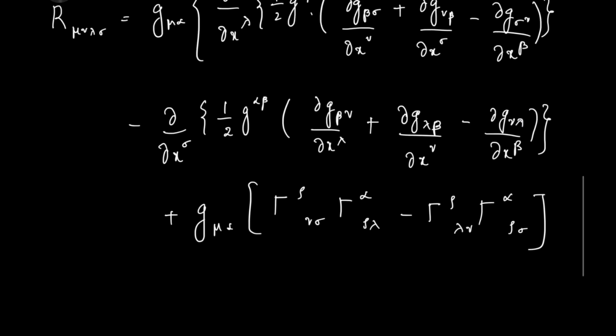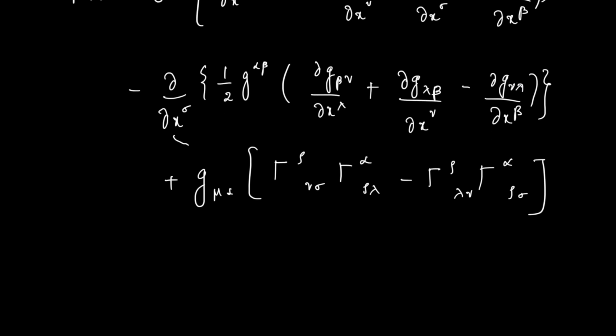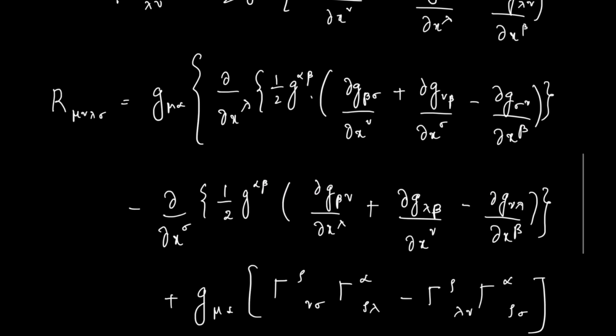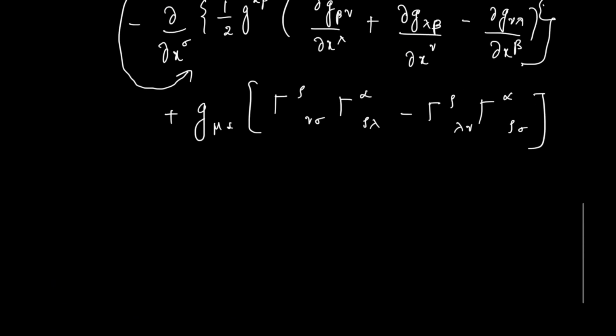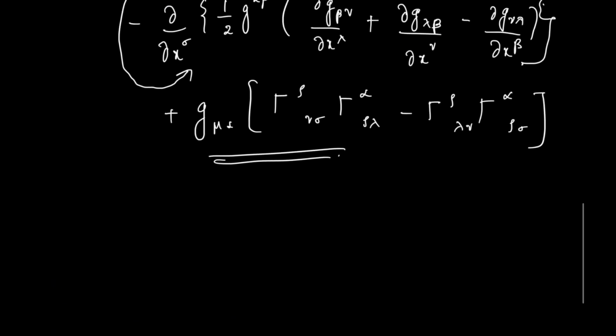Similarly, the same case in the next term also. This partial derivative is applicable to g alpha beta and also to this bracket. And this g mu alpha I have to multiply to this as well as this term. So I have to multiply to these two quantities, and the third quantity will be as such.